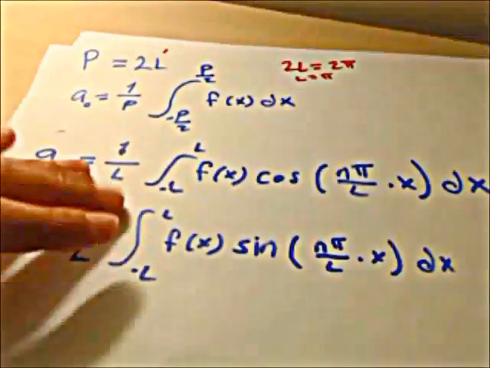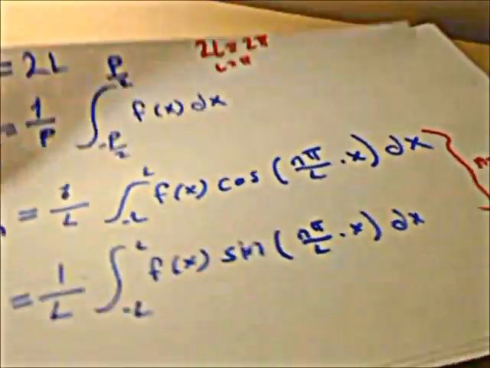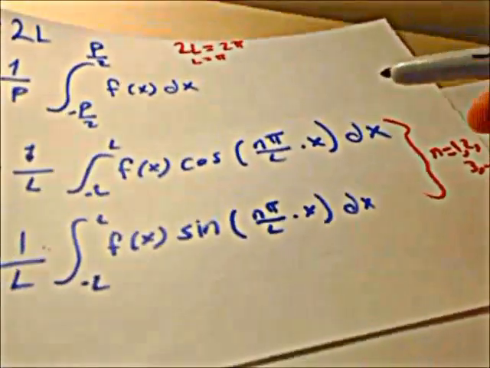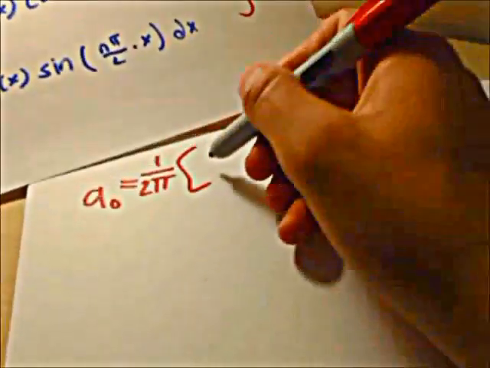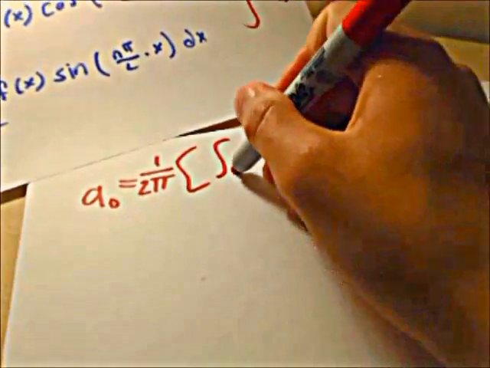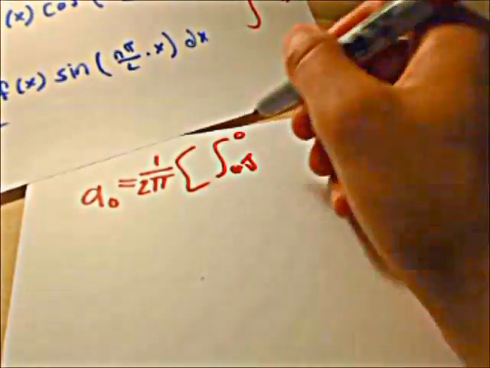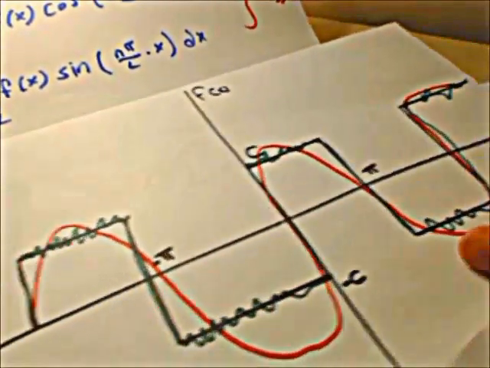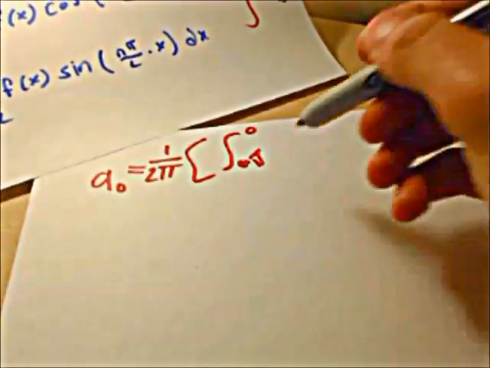So that's what I'm going to do with a0. a0 is going to be 1 over 2 pi, and then over an open bracket, we take the integral, which we agreed is from minus pi to 0. We model it from here to here first, and then from here to here. So we start with this, and then the f of x.